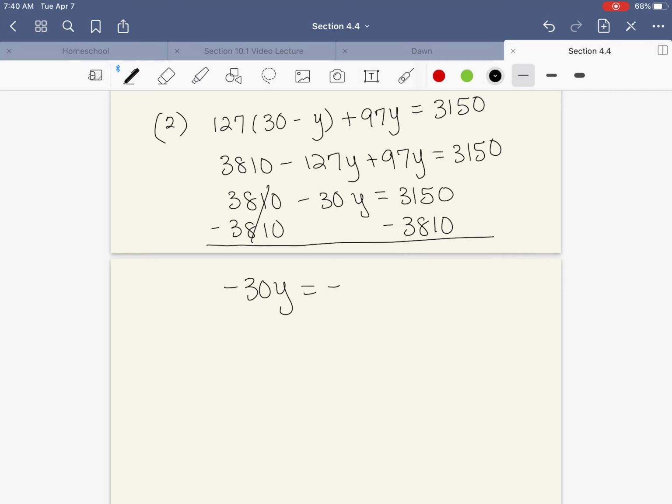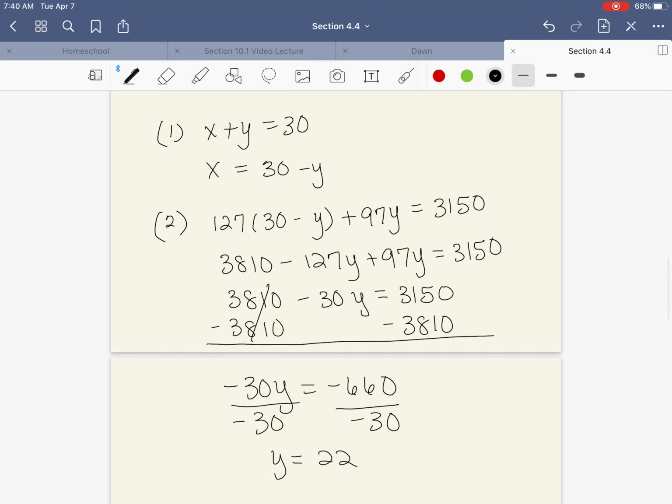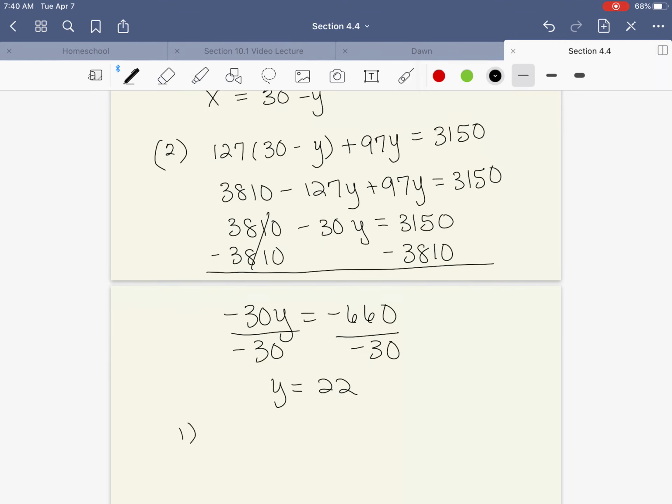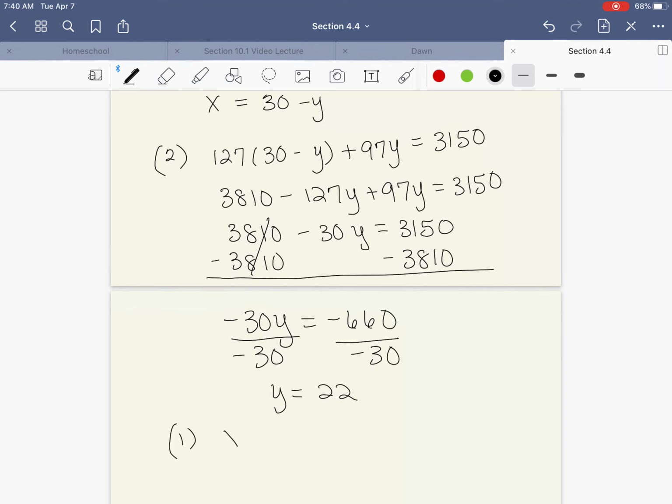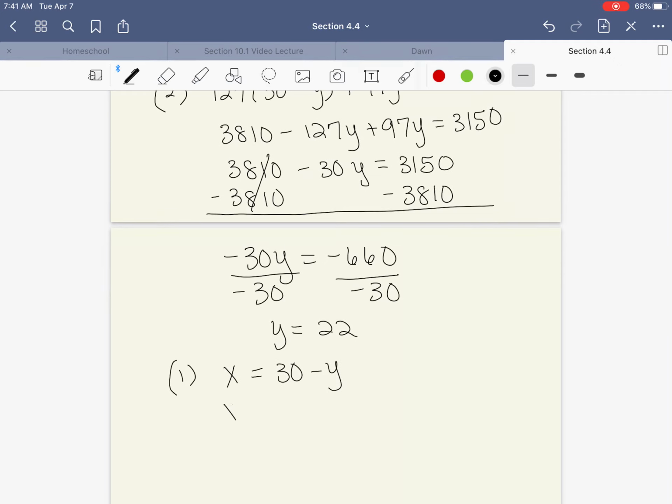Get negative 660. And y is equal to 22. All right, so then I'll go back and plug that into the equation where I have solved for x. So that is equation 1, and it's x is equal to 30 minus y. Plug in y. X is equal to 30 minus 22, so x is equal to 8.